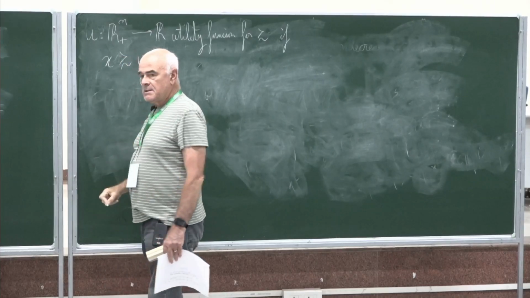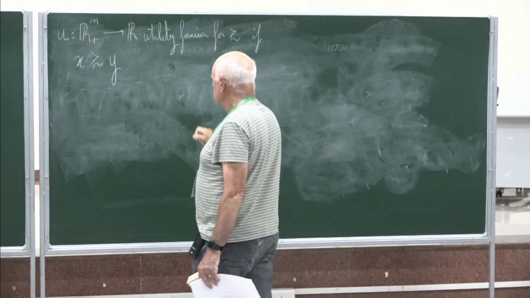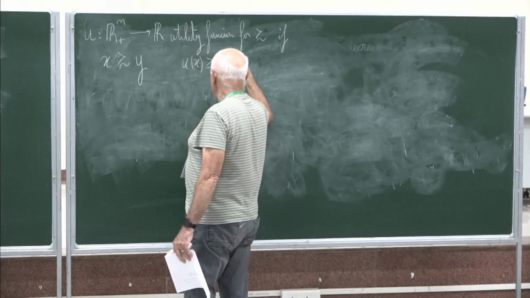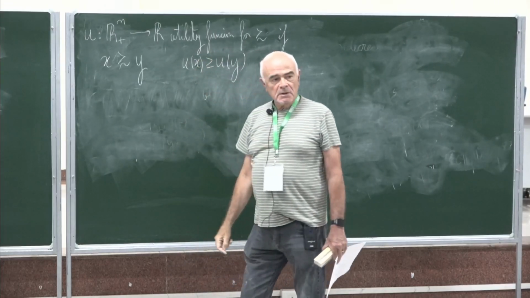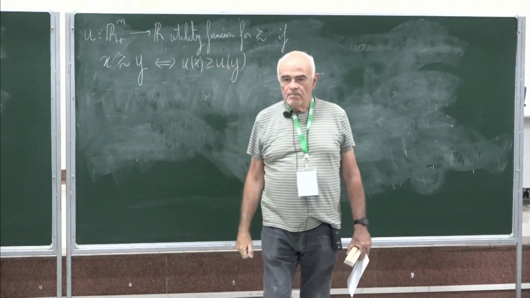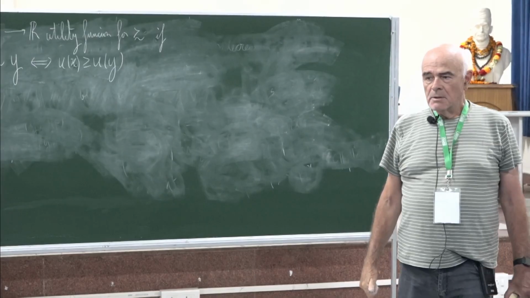Whenever x is preferred to y, then u of x is greater than or equal to u of y, and vice versa. Okay, then u represents your preferences.